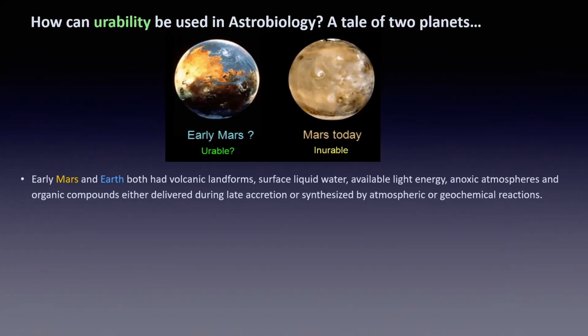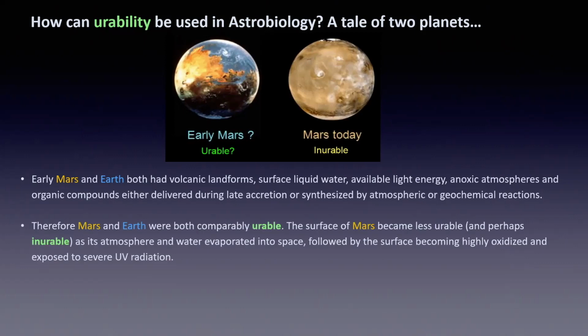So early Mars very likely could have given rise to life. And I'm not going to be terribly surprised if we find evidence that there was microbial life on Mars. But Mars today, at least the surface, is inerrable because life could not begin. It's like that dry sand. It would not really be able to give rise to life.